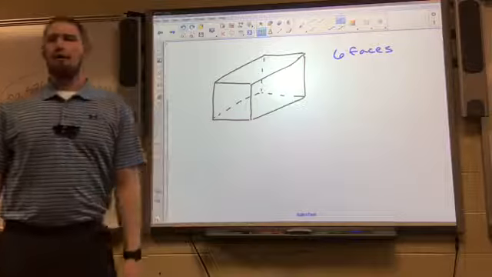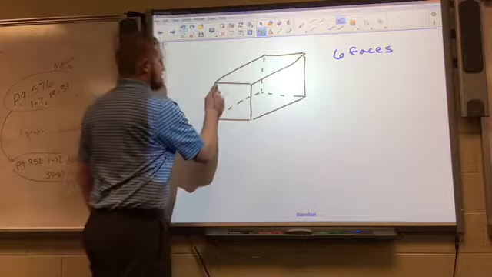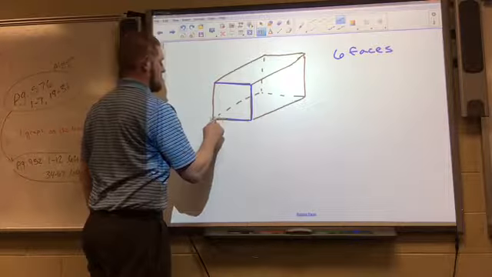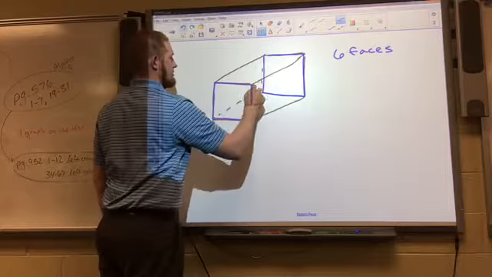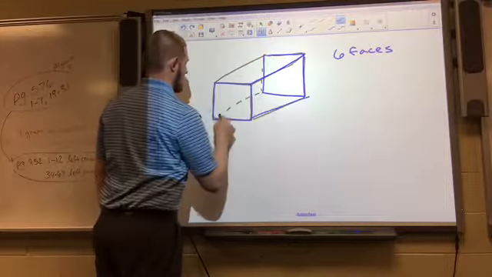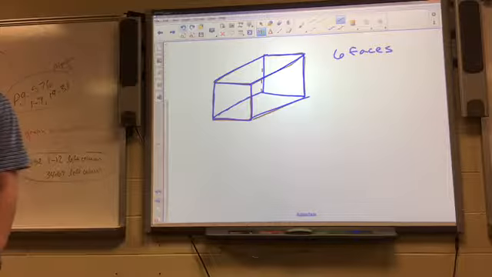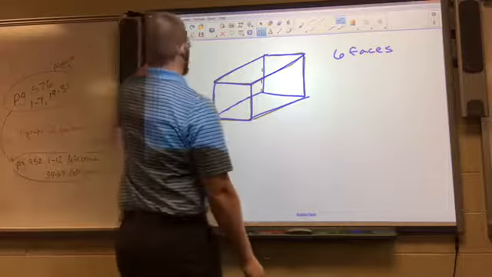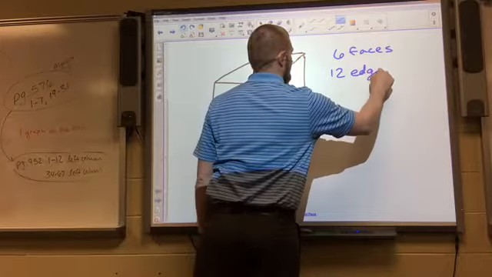How many edges? 12. An edge is like this, right? So there's 4, 5, 6, 7, 8, 9, 10, 11, 12. So I have 12 edges.